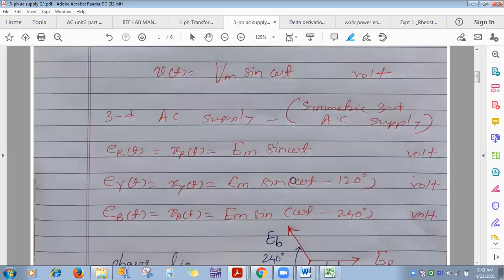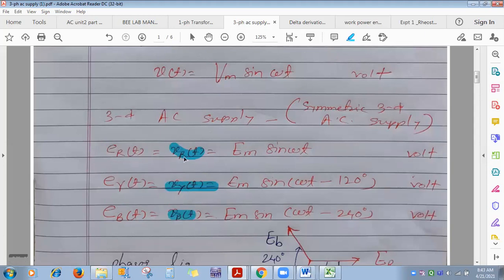Now if you observe these 3 instantaneous equations, in some books you will find, see, instantaneous values. We have seen in AC fundamentals, instantaneous values are denoted by small letters. See here, small e, and they are not constant. They are functions of time. As time changes, the value changes, and that is the instantaneous value. In some books, you will find the suffixes eR, eY, and eB. In some books, the suffixes used are vR, vY, and vB, small v.